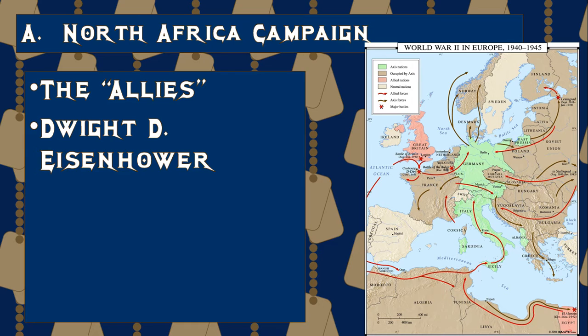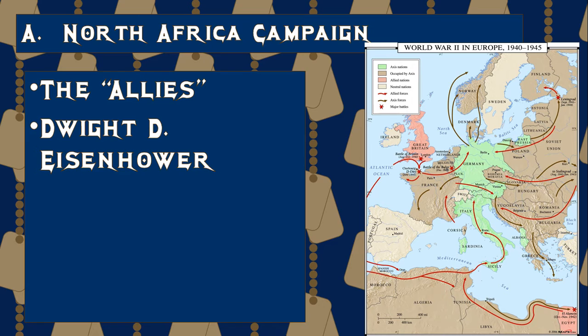The Soviets are fighting on a different front for a long time, so that's a little bit different. He is the head guy in charge of the United States, certainly as they get involved in North Africa, and then eventually over the whole Allied invasion and the whole Allied fight. Some of you recognize that name. He eventually goes on to be president, but he's going to be a big-time war hero as a result of this. So whenever you hear his name, just know who he is.